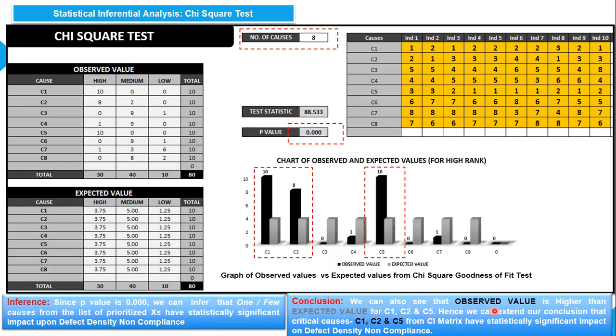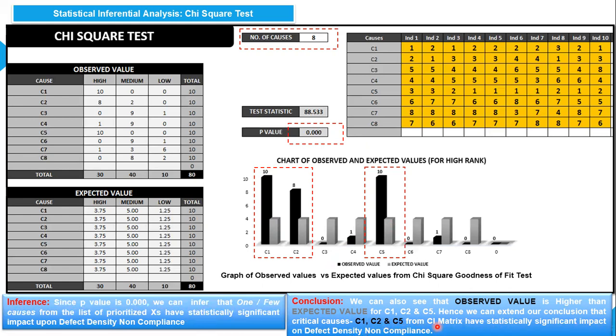We can also see that the observed value, in black color, is higher than the expected value, in gray color, for C1, C2, and C5. Hence, we can extend our conclusion that critical causes C1, C2, and C5 from the CI matrix have a statistically significant impact on defect density non-compliance. That's it.